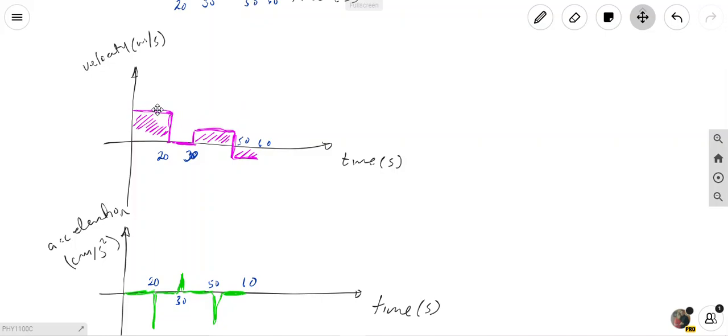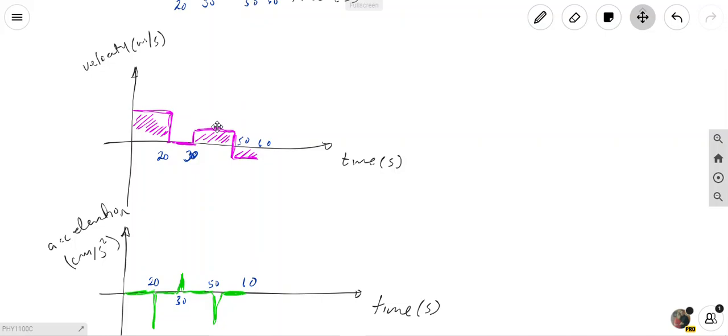The height of the line, or the distance from this horizontal line in the interval from 0 to 20 with respect to the time axis, is greater than the distance of the velocity line here with respect to the time axis. So it's evident that here the velocity is greater than in this other interval from 30 to 50 seconds.